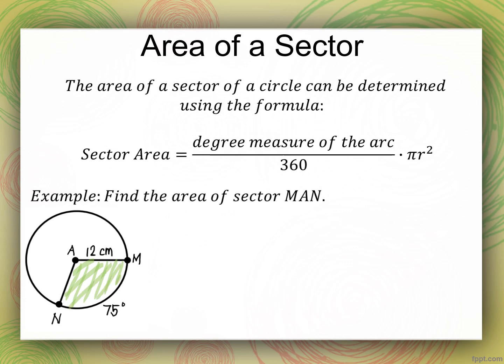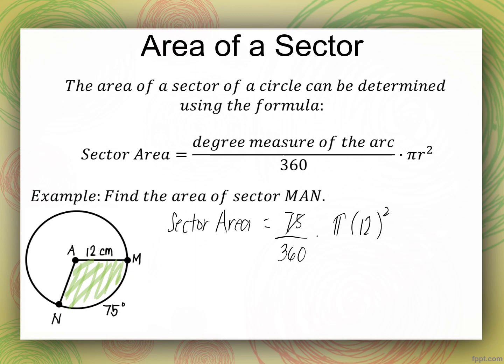So let's follow the given formula. Sector area of MAN is equal to the degree measure, still 75 of course, all over 360 times pi, keeping pi in this form, and then our radius is 12, and let's square it.